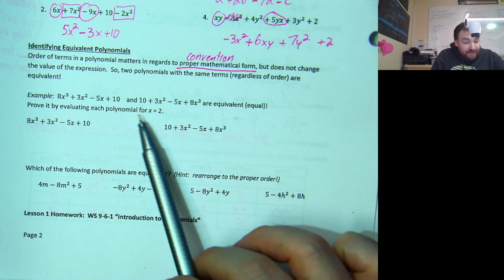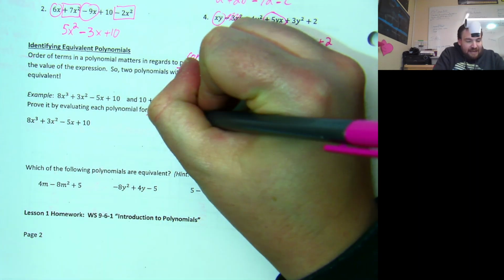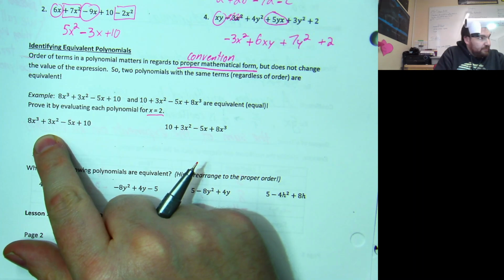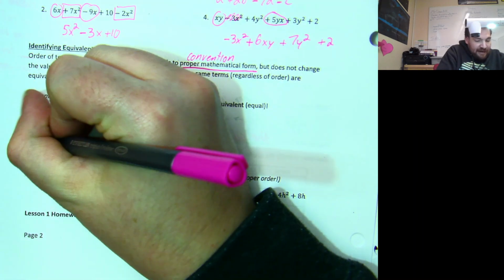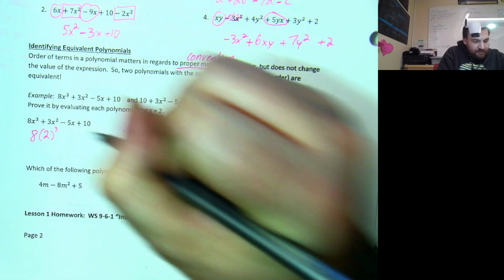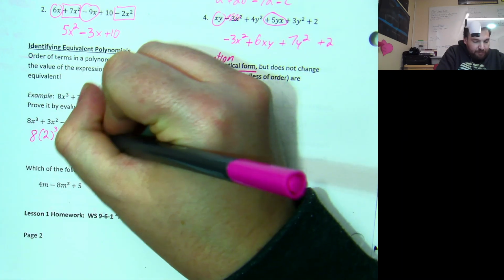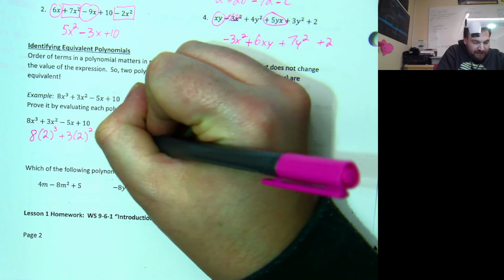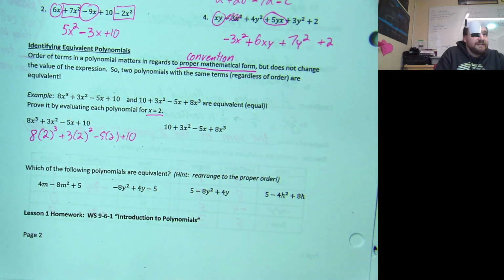I've given you a value, x equals 2. If I plug 2 into this, what do I do? It's going to be 8 times 2 in a bracket cubed, plus 3, replace the x with a bracket, put my 2 in there, close it, squared, minus 5, bracket 2, plus 10. We remember this, yes? Kind of, sort of.